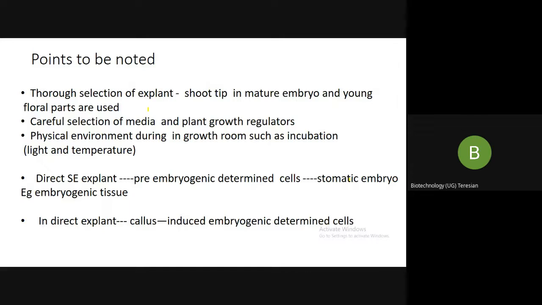So I have taken my explant, I will stimulate it to develop into somatic embryos. After somatic embryos are formed, what will I do? I should try to instruct them to germinate into a complete plant. So these points should be kept in mind when we are doing any type of plant tissue culture.